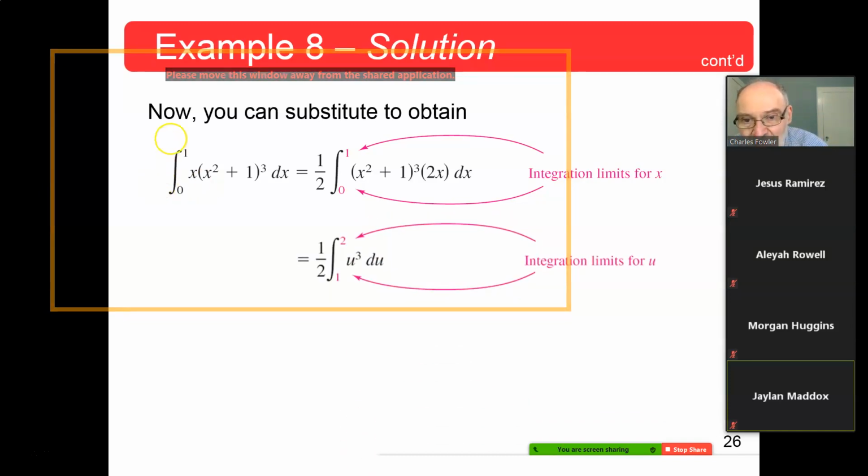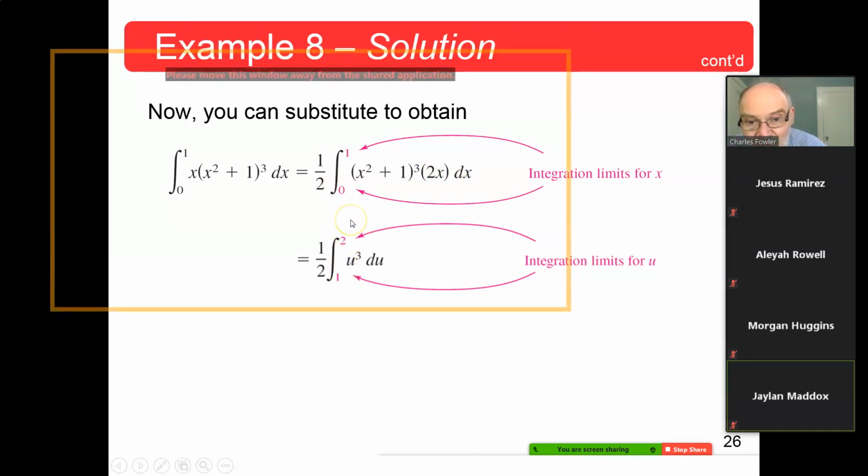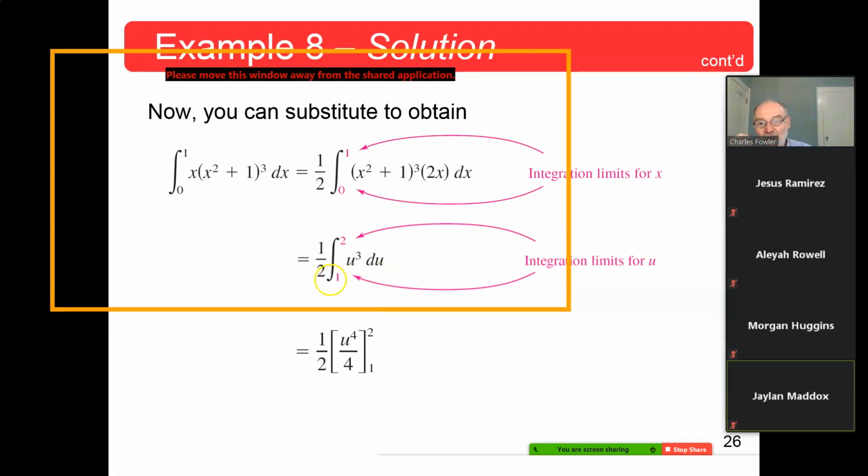So what this becomes then, this 1/2 pulls down as 1/2. That integral that was for x's now is going to be for u's, so that's going from 1 to 2. And then this was your u cubed, and that was your du. Okay? And we can do that integration. That's 1/2 of u fourth over 4, evaluated from 1 to 2.